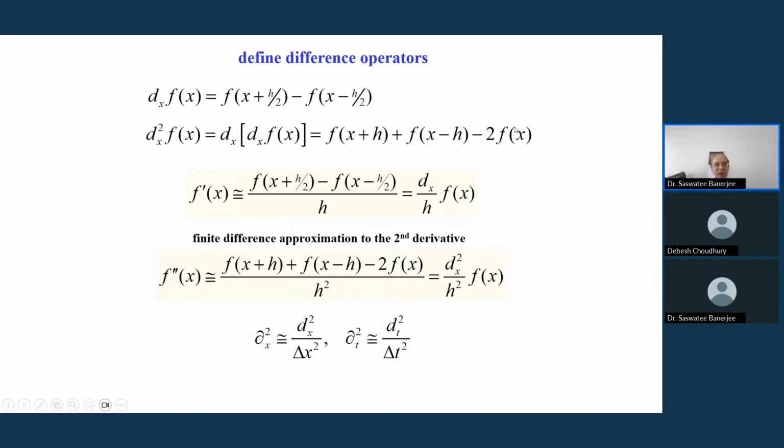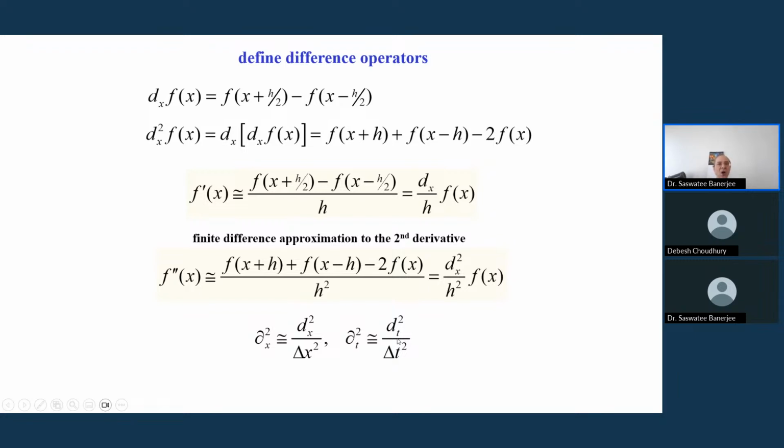I'm going to apply it to both time and space. Here is what we're going to need mostly, the second derivative with respect to something, and it comes out to this operator right here. So I'm going to write that partial ∂x squared is this finite difference operator divided by Δx squared. And I'm going to do the same with time, as you will see.